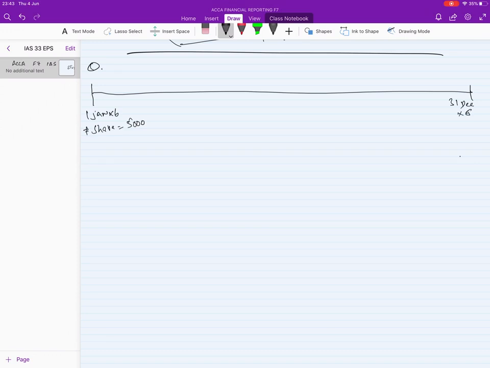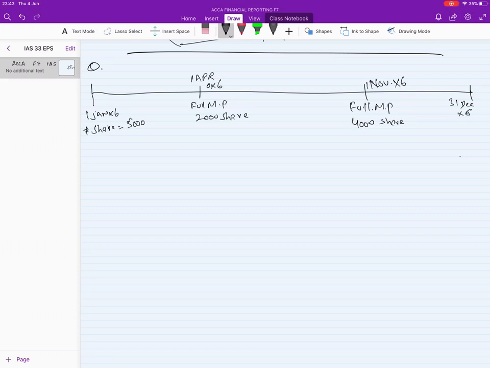Suppose on 1st April X6, the company issued 2,000 shares at full market price. And then after a few months, on 1st November X6, the company again issued at full market price, suppose 4,000 shares.